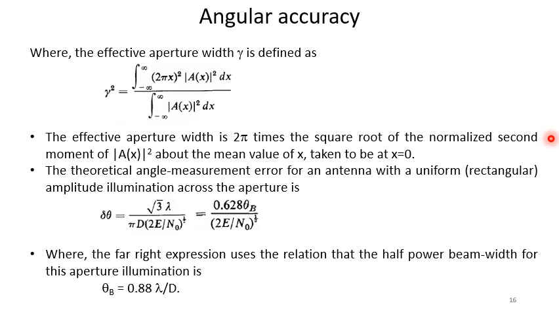The theoretical angle measurement error for an antenna with a uniform amplitude illumination across the aperture can be written as delta theta equal to root 3 into lambda divided by pi d into (2E by N0) whole to the power half. So that can be written as 0.628 theta b divided by (2E by N0) whole to the power half. This far right expression uses the relation that the half power beamwidth for this aperture illumination is theta b equal to 0.88 lambda by d.